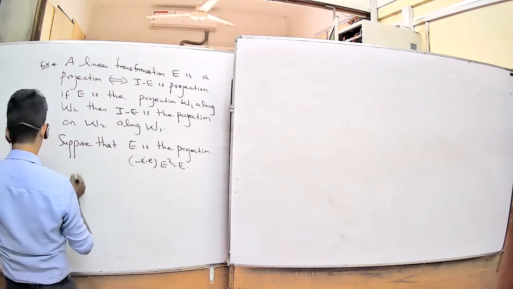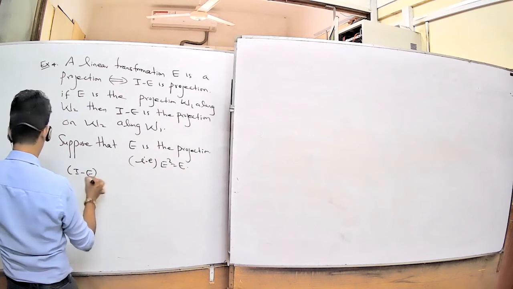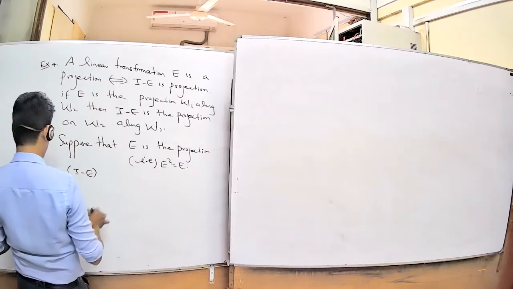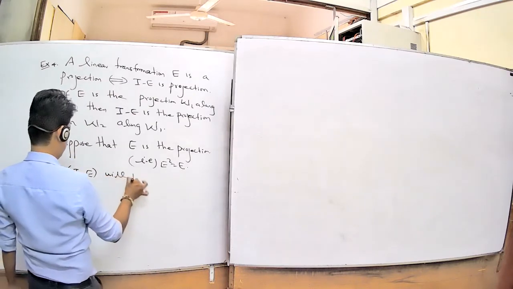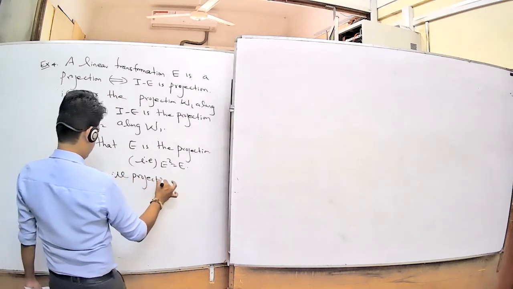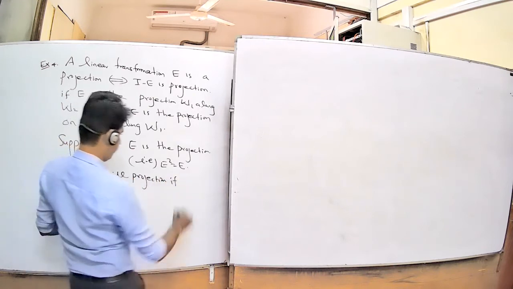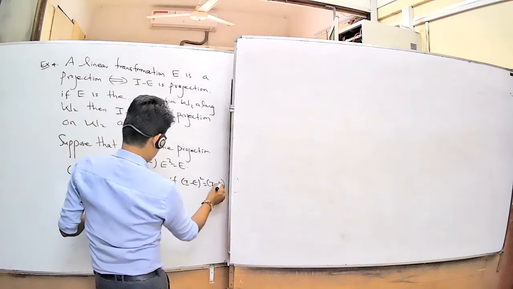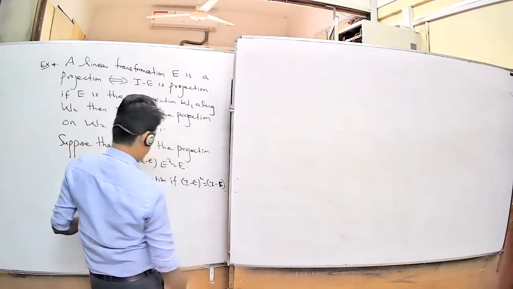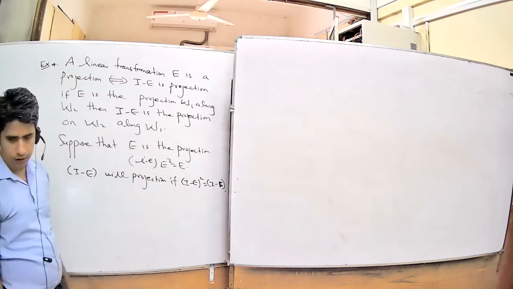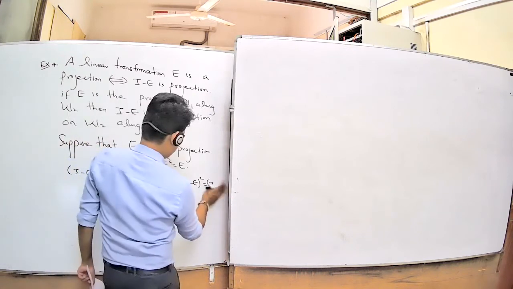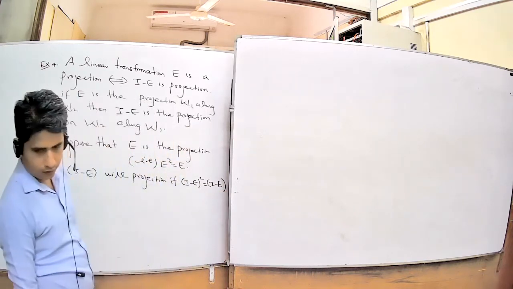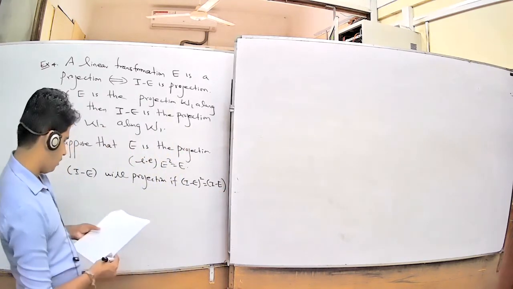That means we want to show that I minus E squared equals I minus E. Okay, now we will do that part.